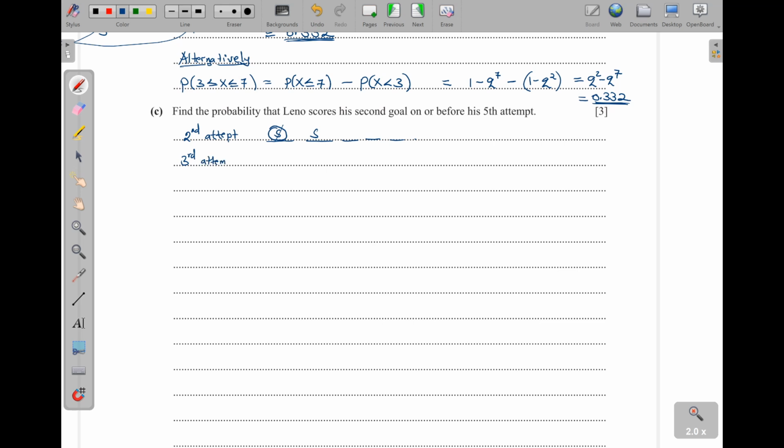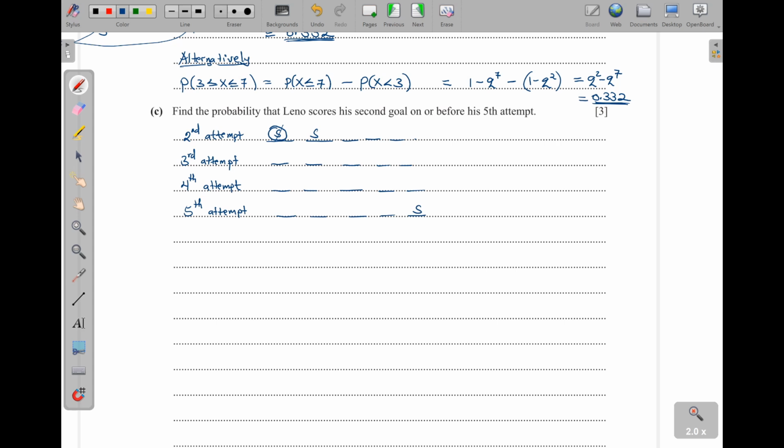Even here, attempt. How about the fourth attempt? And then the fifth attempt. Now we have 1 2 3 4 5, 1 2 3 4 5, 1 2 3 4 5.